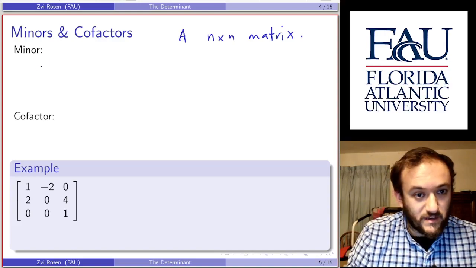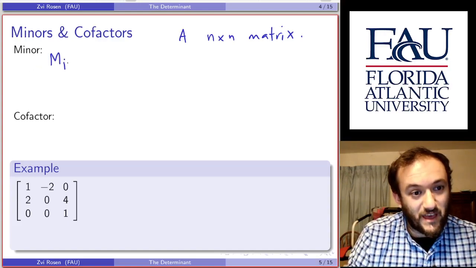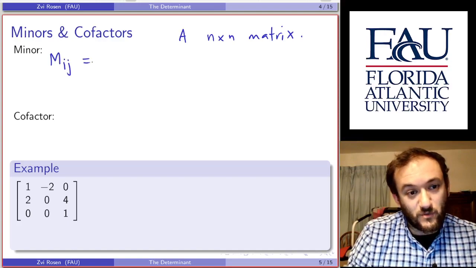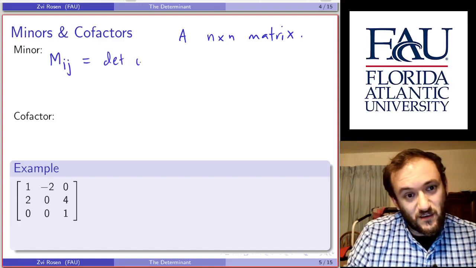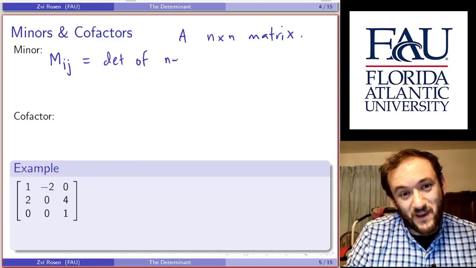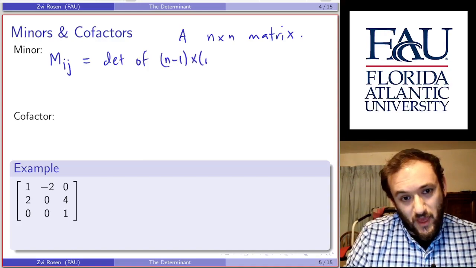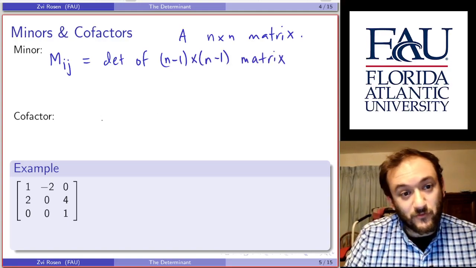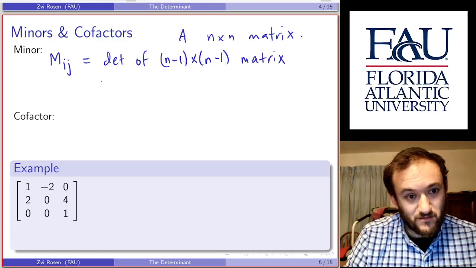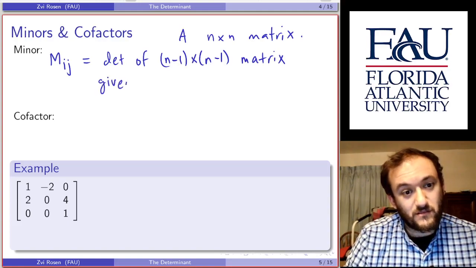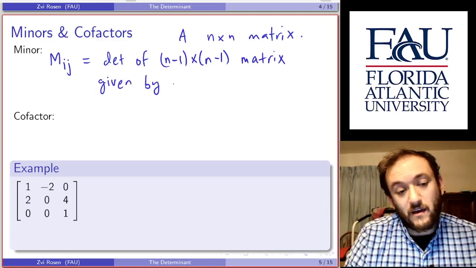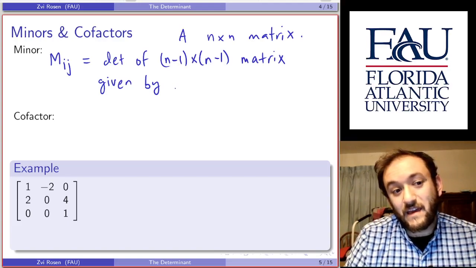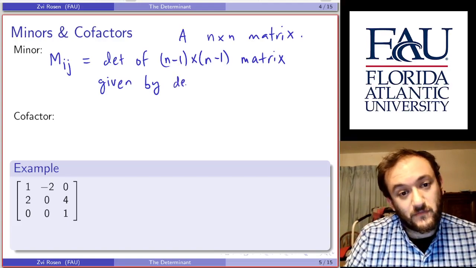So we define Mij to be equal to the determinant of the n minus 1 by n minus 1 square matrix, which you get from A by deleting the ith row and the jth column.